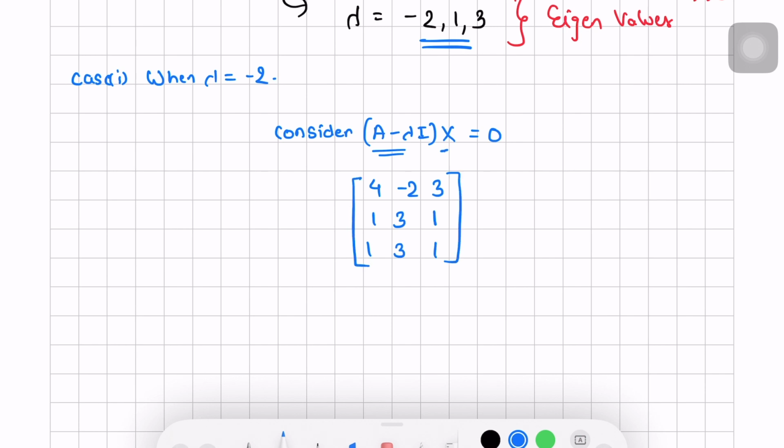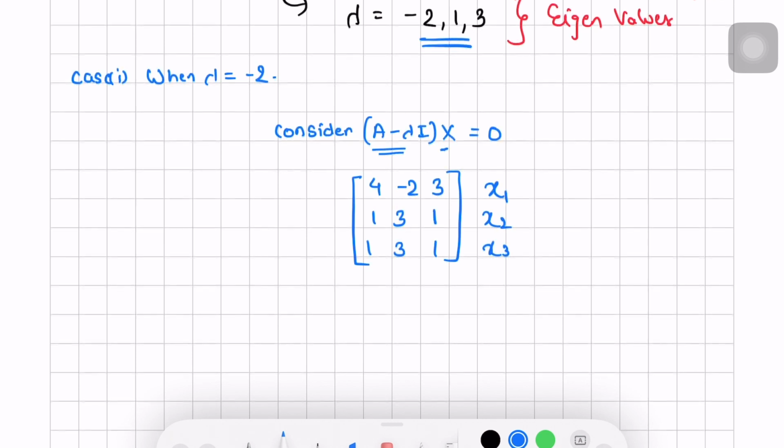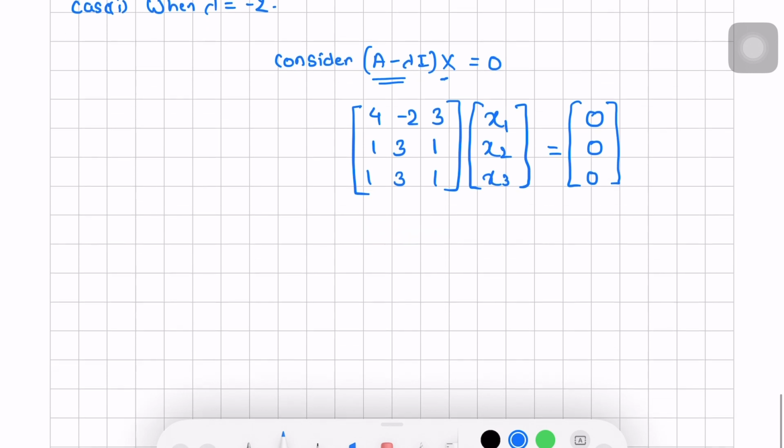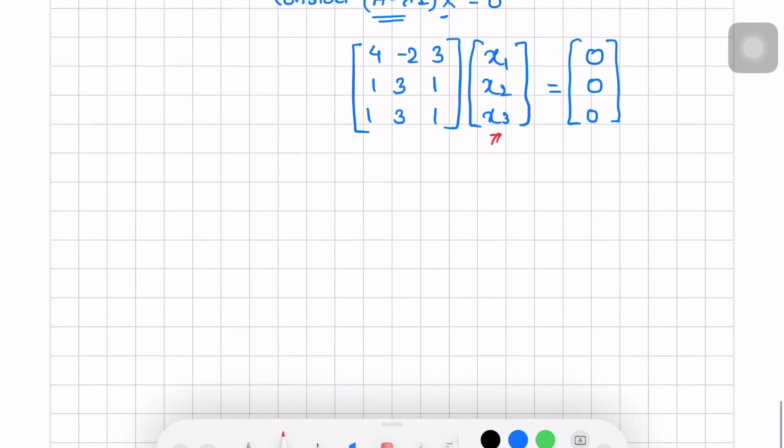And x we can just write out like this, x1, x2, x3 equal to 0. So you can write like this. So now we are going to find out the values of x1, x2 and x3 with the help of Cramer's rule.